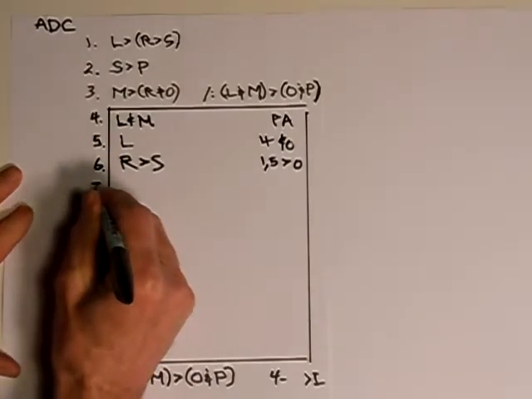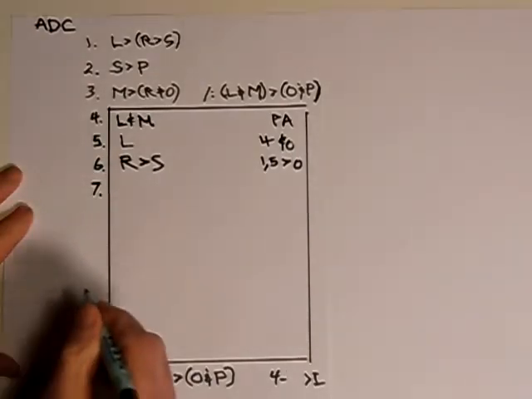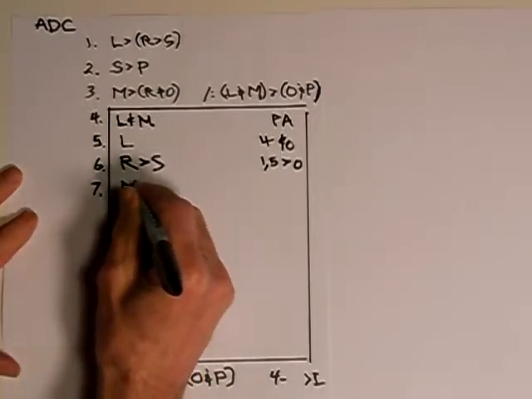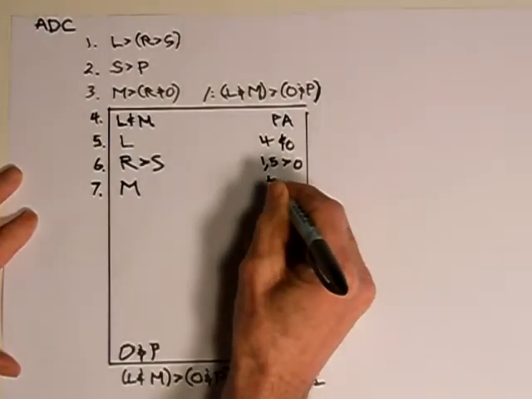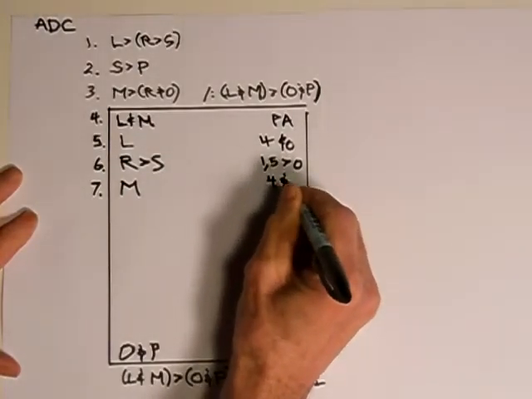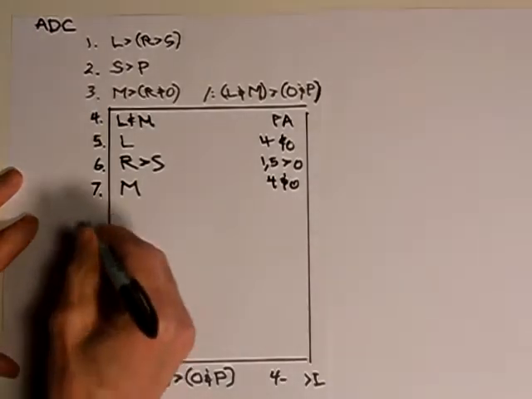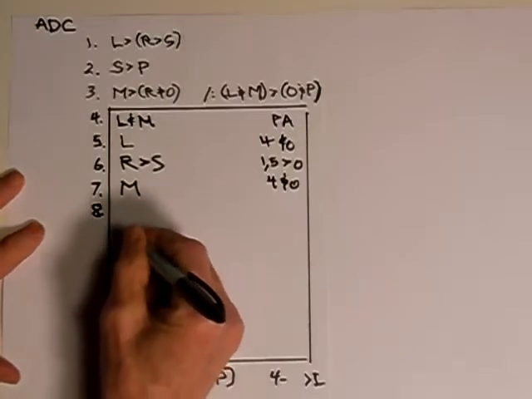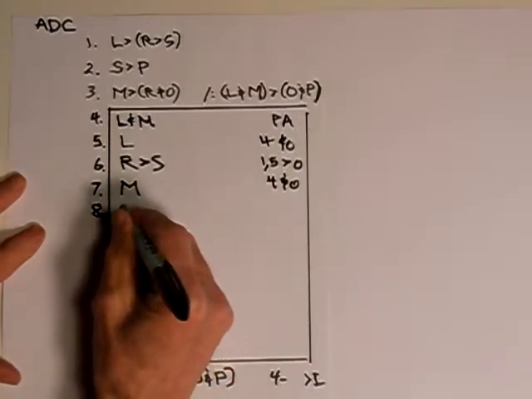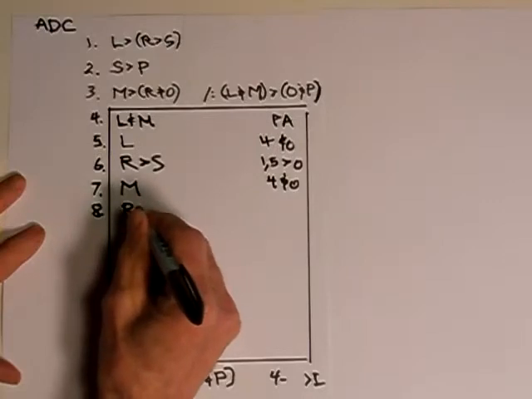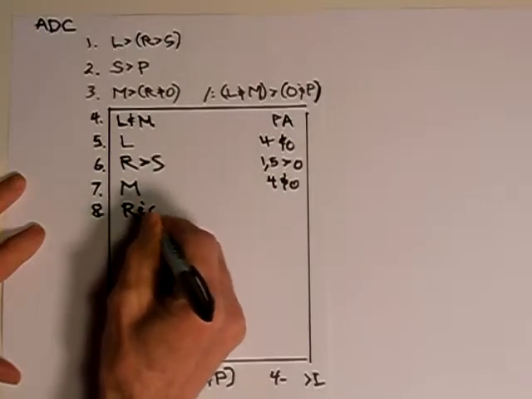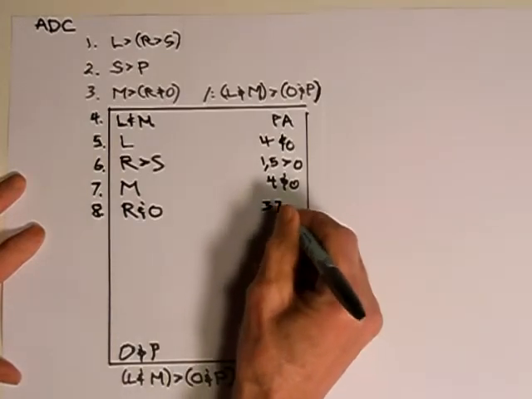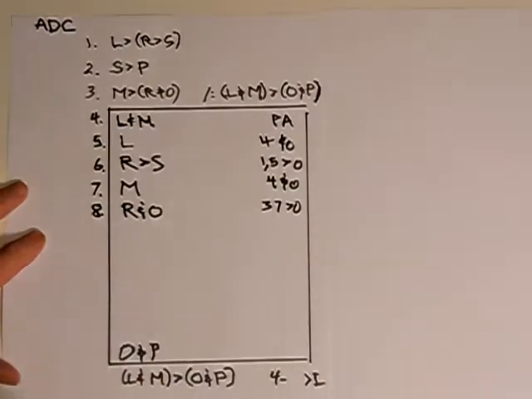Then let's separate M out from line 4 to get the antecedent of line 3, so we can get out of line 3 by arrow out its consequent, R and O, from 3, 7, arrow out.